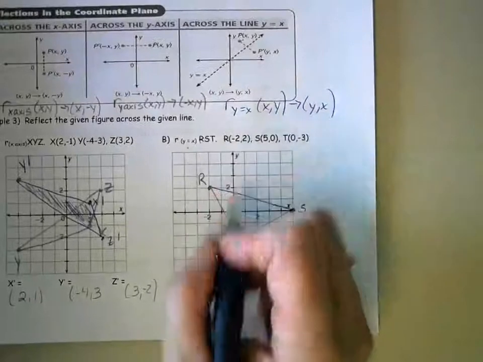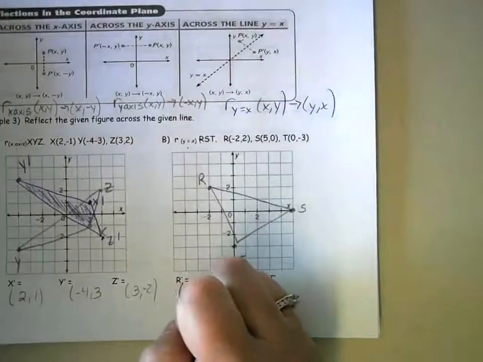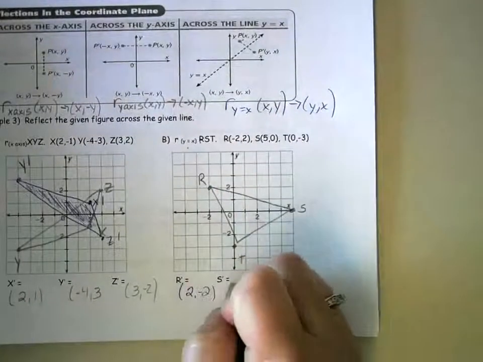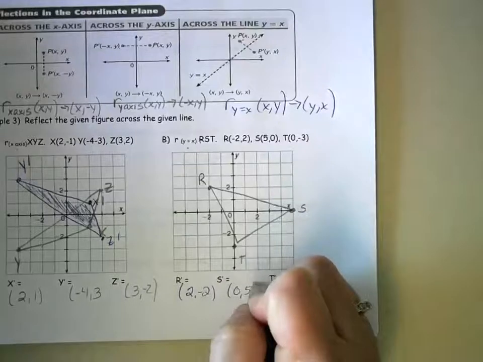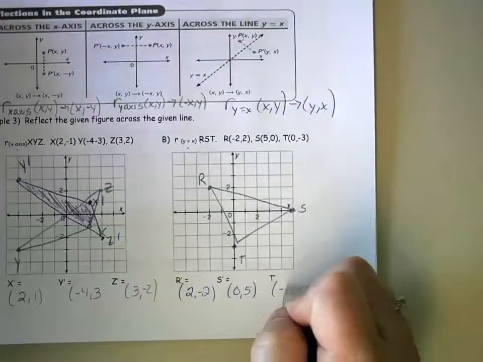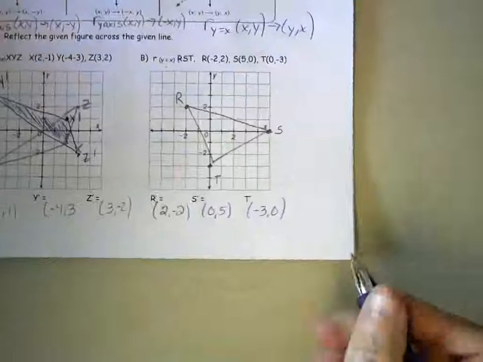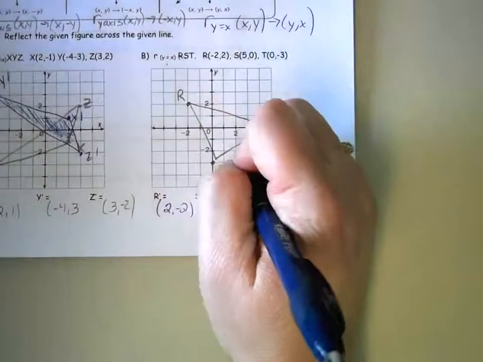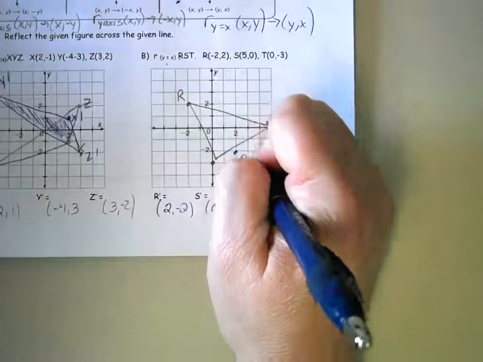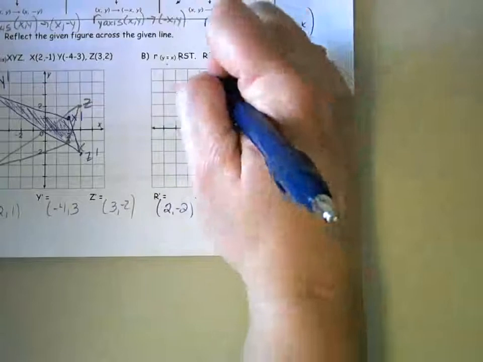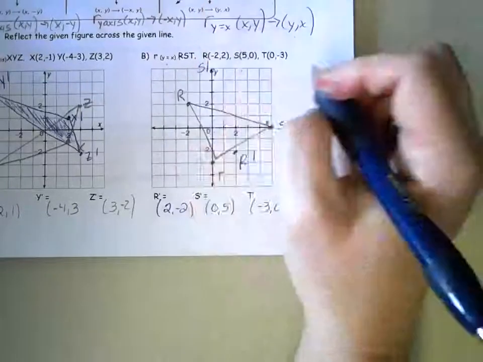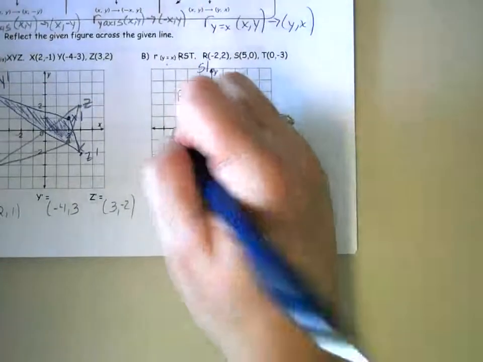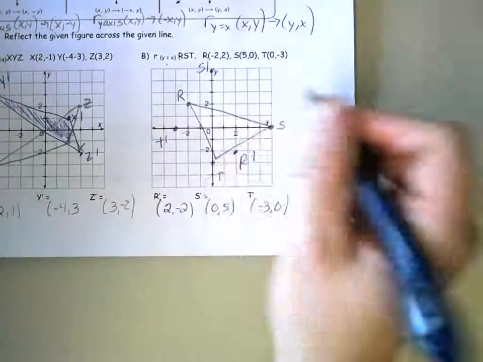So this one, moving these around, we will have 2, negative 2, 0, 5, and negative 3, 0. So 2, negative 2 is right there. 0, 5 is right there, and negative 3, 0 is right there.